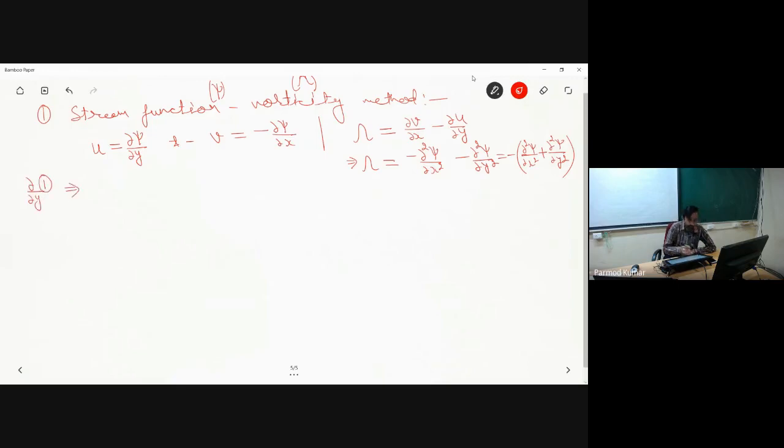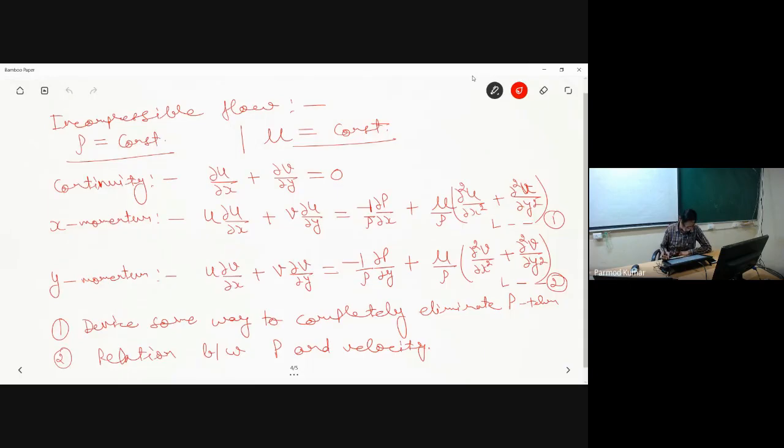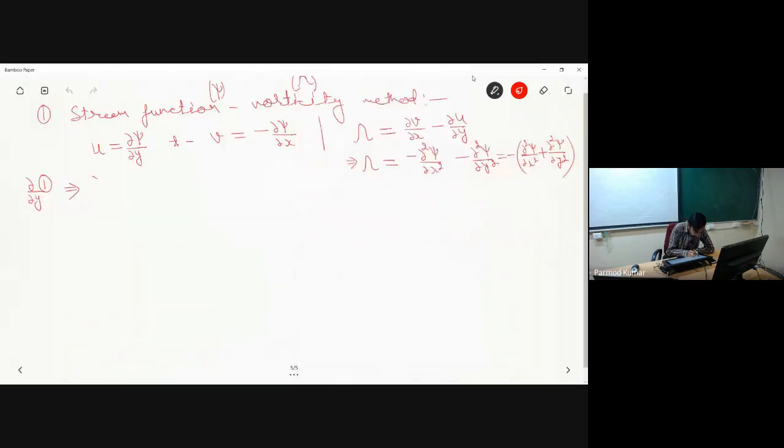Can you tell me what I will be getting after differentiation? Please tell me what I will be getting. Have I written it correctly?